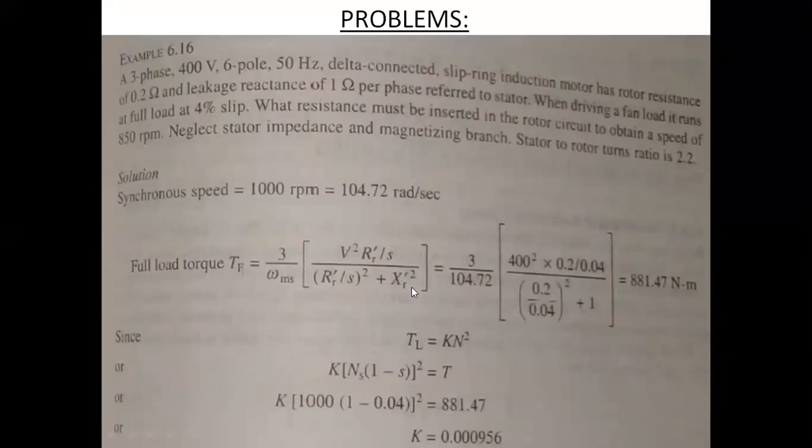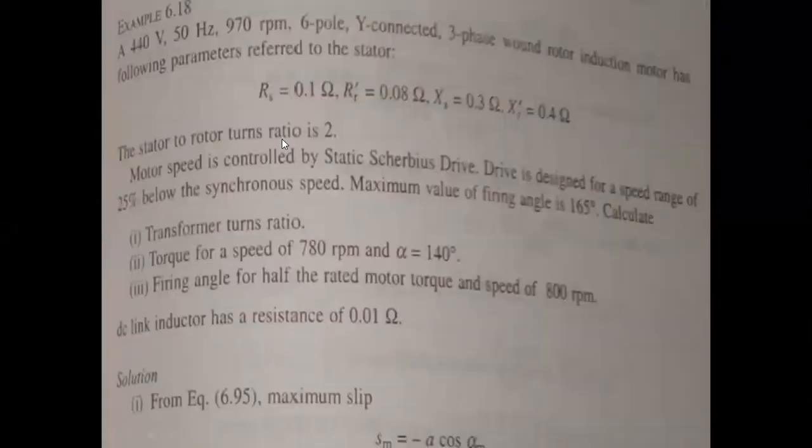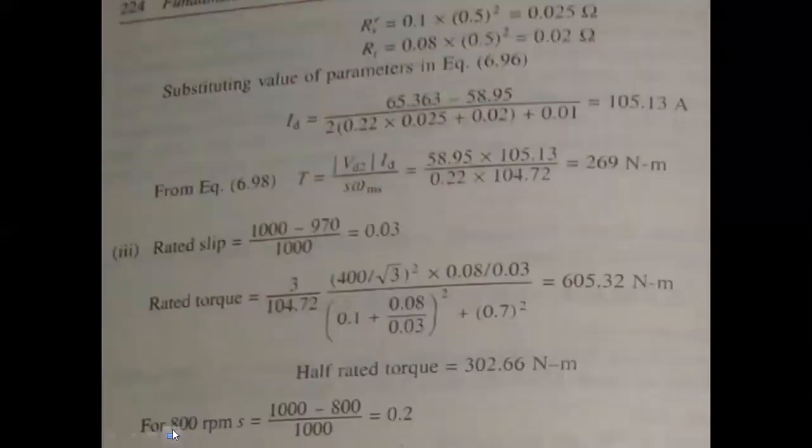This is the torque equation: 3 by omega ms v square rr dash by s by rr dash by s whole square plus xr dash whole square. So by taking these parameters, you have to substitute all these values in the torque formula. Now you will get 605.32. So this is the torque at rated speed, right? So this is termed as the rated torque.